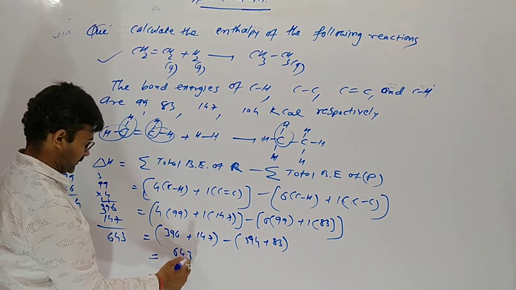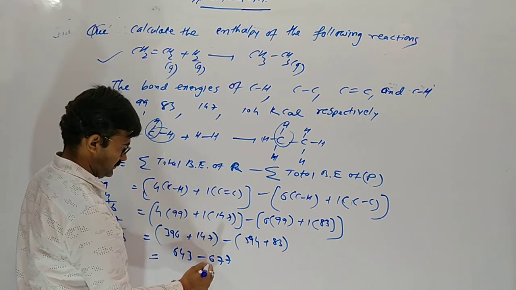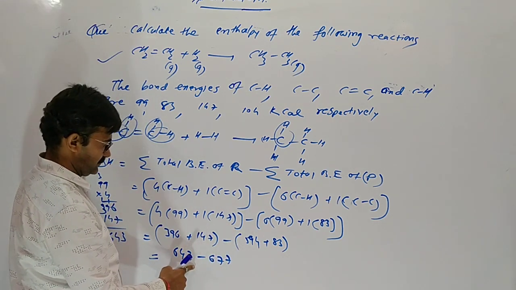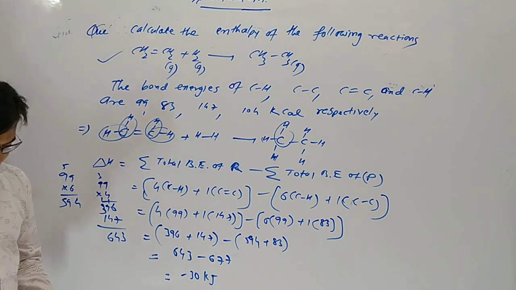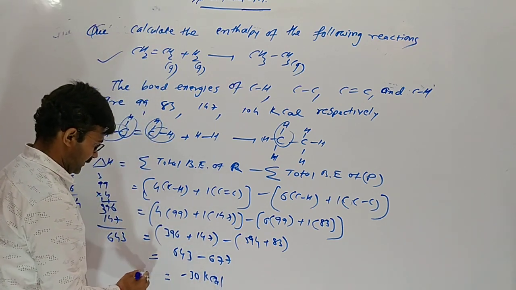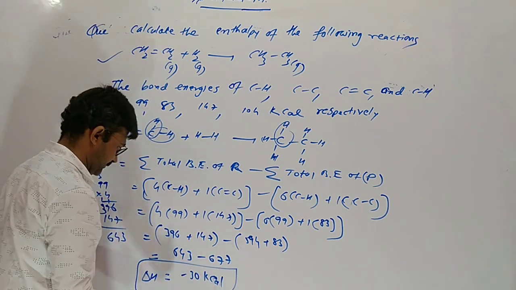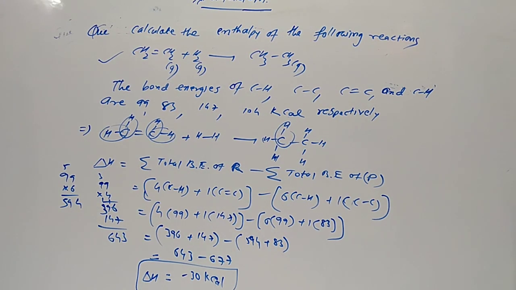Here 643 minus, so minus 30 kilojoule, kilocalorie, sorry, is our answer. Total enthalpy of the reaction is minus 30 kilocalorie.